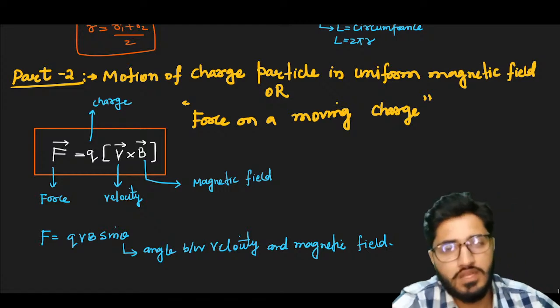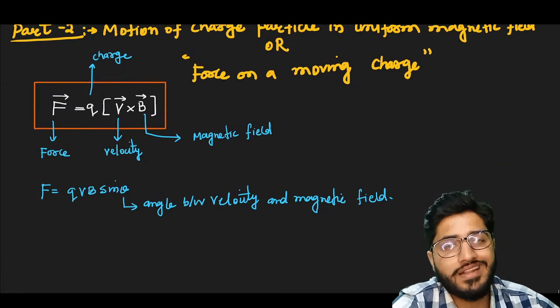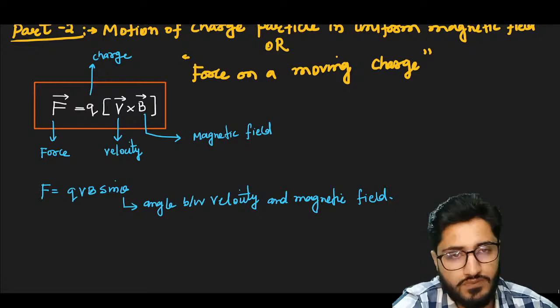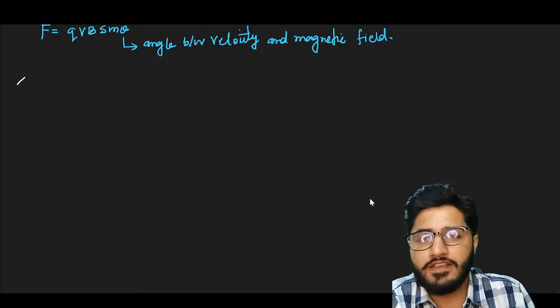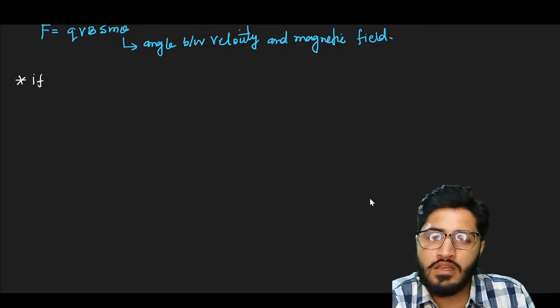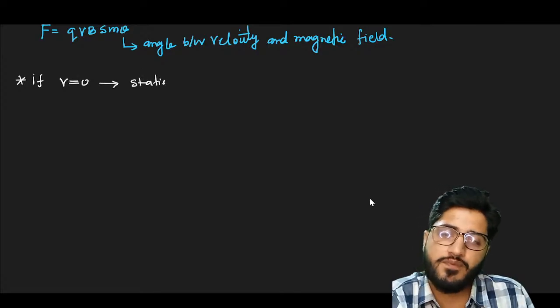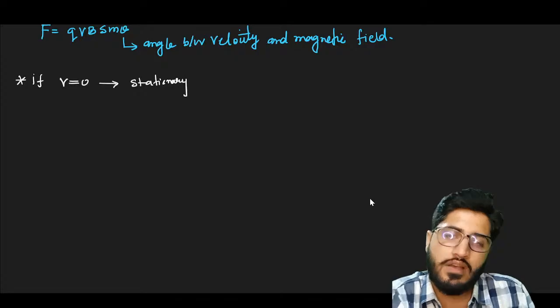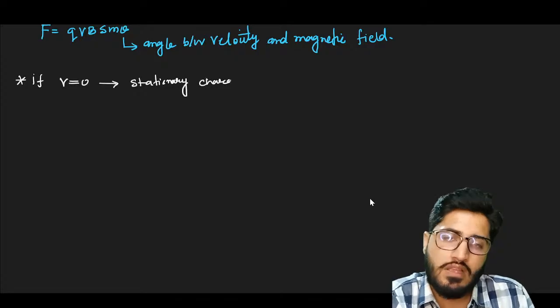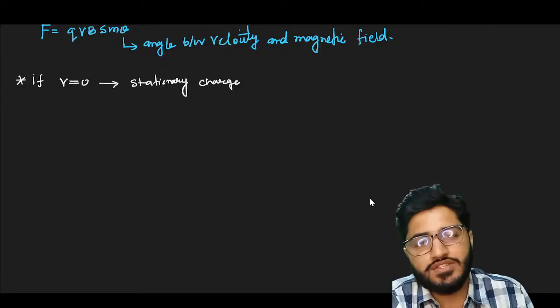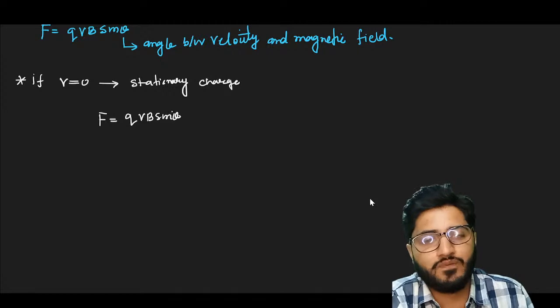Now you will ask me, sir, why should the charged particle be in motion? Let us suppose V equals 0, which means we are talking about a stationary charge. So I can write F equals Q V B sine theta.